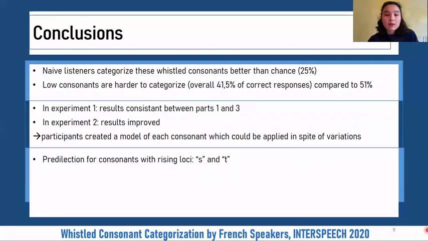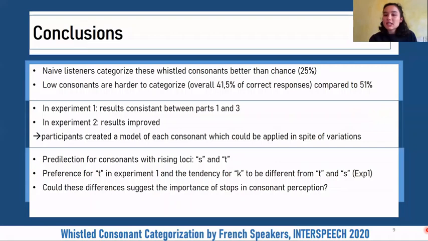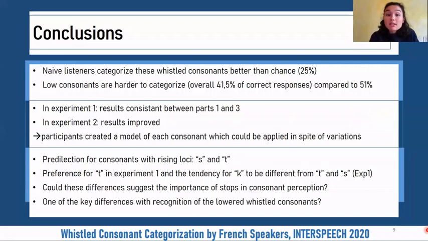In addition, we found a predilection for consonants with rising loci, so S and T, though we found that in experiment 1, T and K were better recognized than they were in experiment 2, which seems to suggest that the stops could be more important in consonant perception than they seem to be initially. And maybe these stops could be the key differences between recognizing lowered whistled consonants and normal whistled consonants.